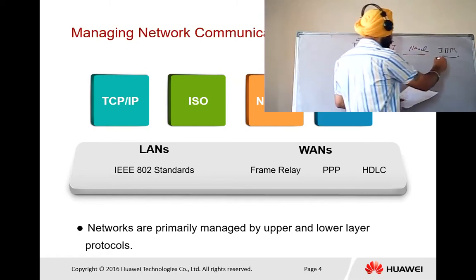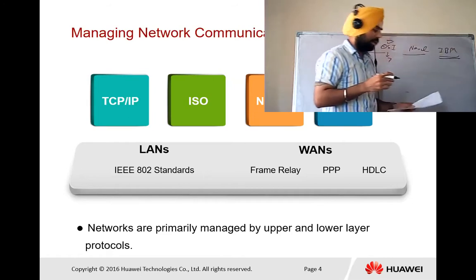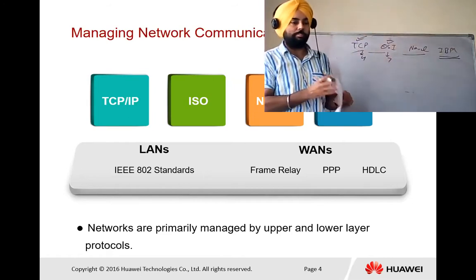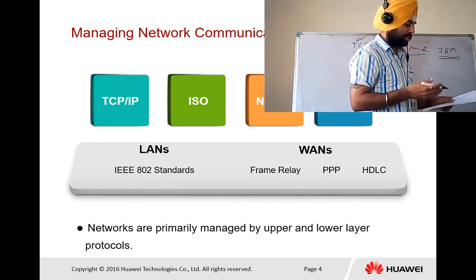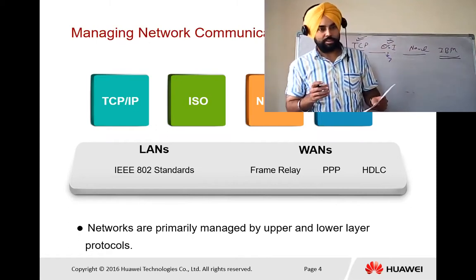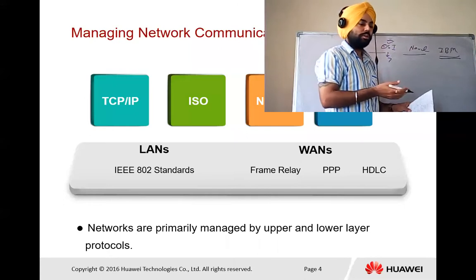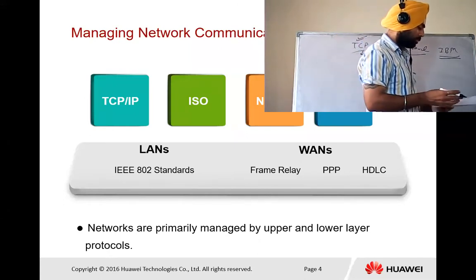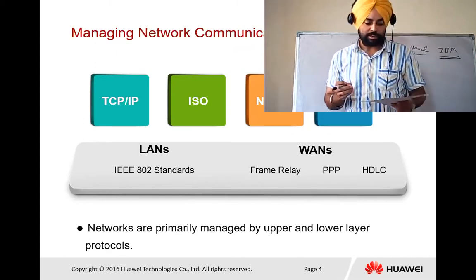Next is IBM. The IBM company uses the IBM protocol for internal reference only. But when they want to communicate outside the company, they also use the TCP model, so we can say that TCP is a completely implemented model.